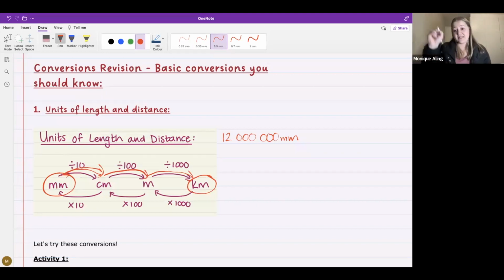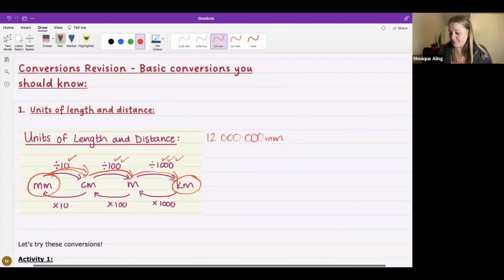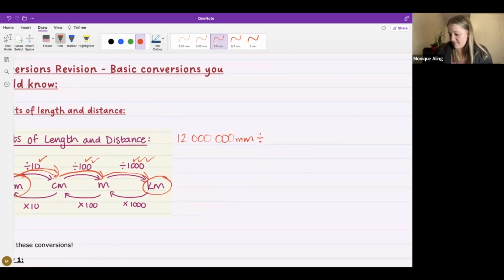We jump in 3 steps, and that is 1, 2, 3, 4, 5, 6 zeros. So I divide by 1 million. That's just a shortcut you could use. 12 million divided by a million gives you 12 kilometers. That's a quick example to show how we use this diagram.